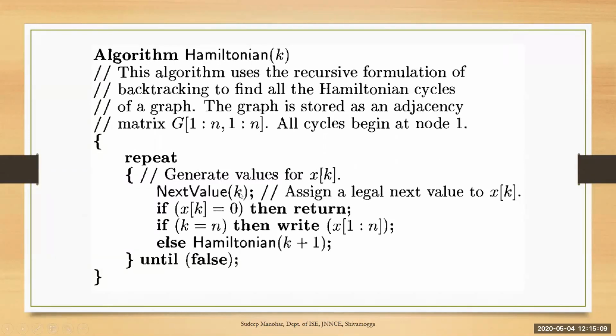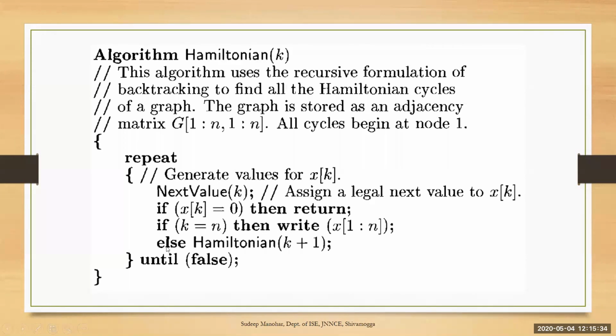For example, think that k is 2. Now it checks whether x is equal to 0. No, x is not equal to 0. It comes to the next one. It checks whether k is equal to n. No, k is 2 now, so this condition is false.